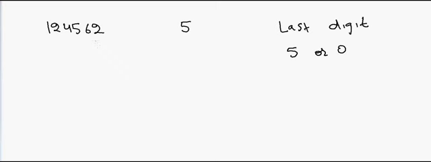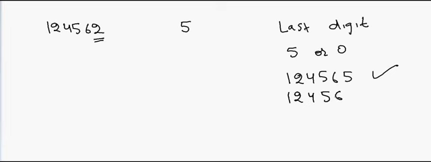In this case it's not, so it is not divisible by 5. If I had 1 2 4 5 6 5, or 1 2 4 5 6 0, then it would be, but not in this case. So we know this now.